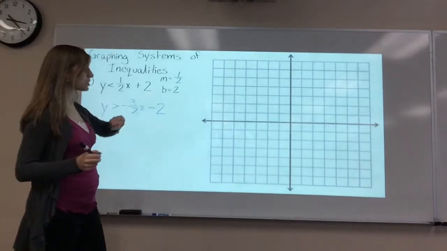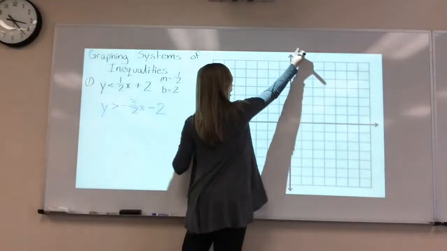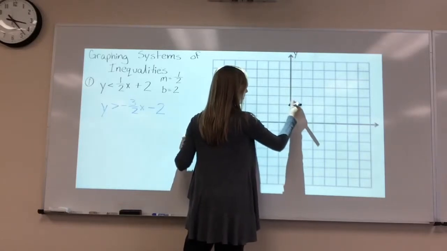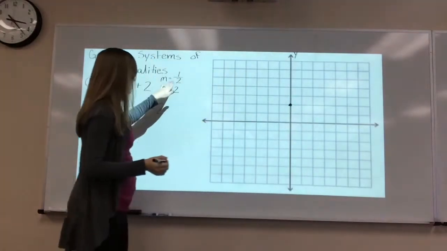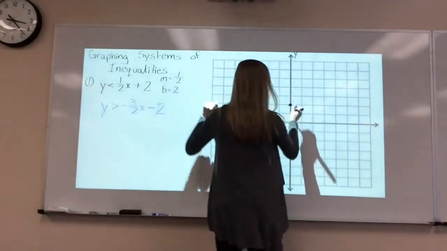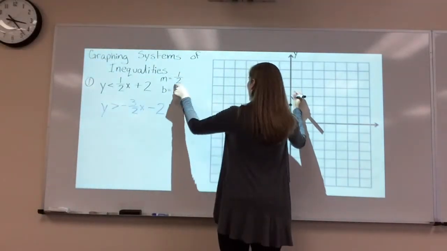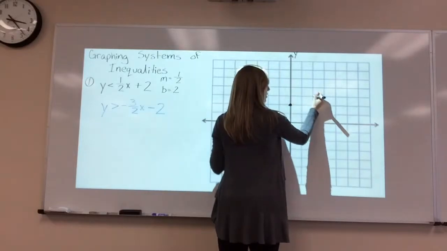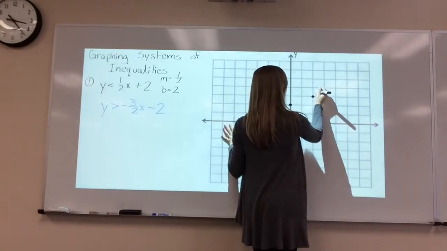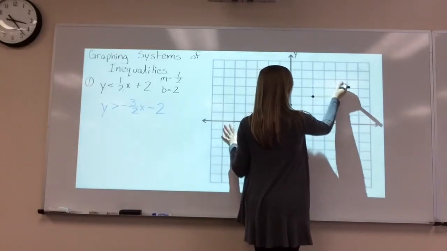So positive 2 is the one I graph first. It's on the y-axis, so that means I go up 2 because it's a positive 2. Now my slope is positive 1/2, so my rise is a positive 1, so I go up 1. My run is a positive 2, so I go to the right 2. I have room, so I'm going to go ahead and do that again. Up 1, to the right 2.